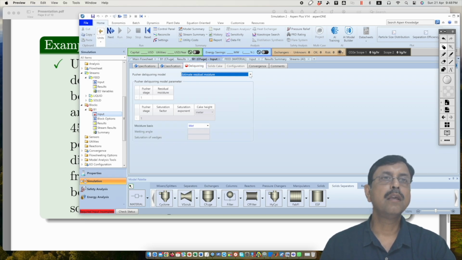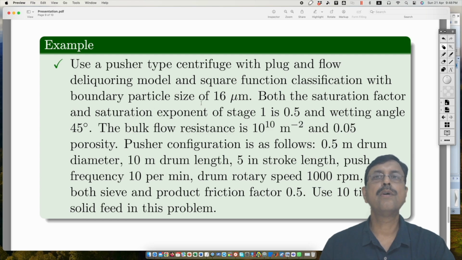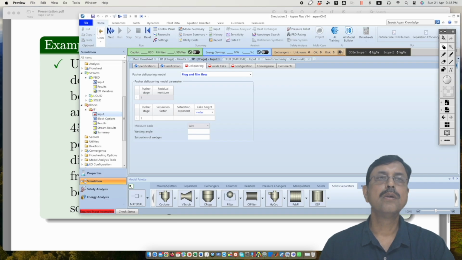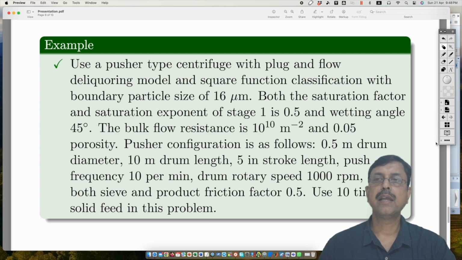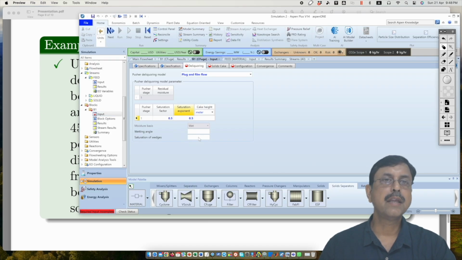Deliquoring model is plug flow, so you have to give the saturation factor and saturation exponent. They are 0.5 each. The waiting angle is 45 degrees.